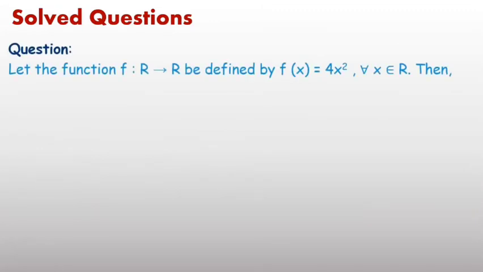Now next question, f(x) equal to 4x square. Before solving, in each and every question you have to check what the domain and codomain are. Here f is a function from R to R, meaning the domain is real numbers and the codomain is also real numbers. The function is given as 4x square.